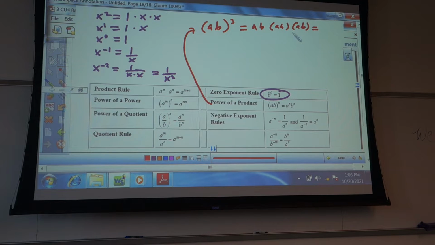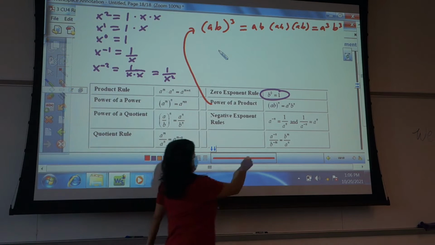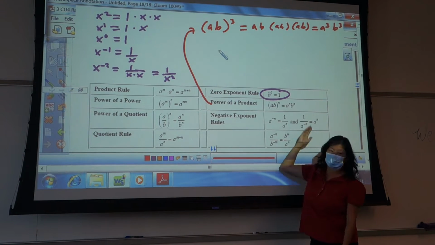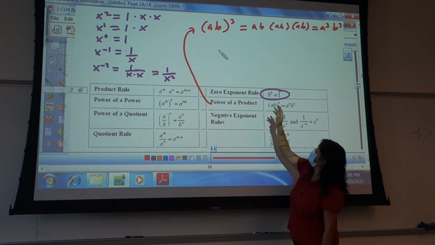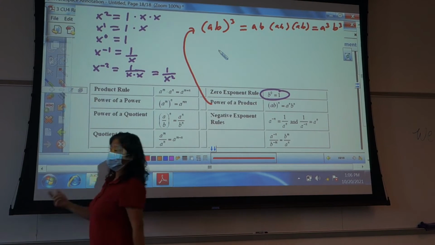And all together I have how many a's being multiplied? 3 of them. How many b's being multiplied? 3 of them. So you can just take that 3 automatically and just pop it by each one of those individually. I just go, a to the 3rd, b to the 3rd.